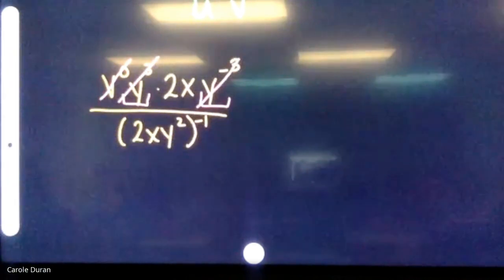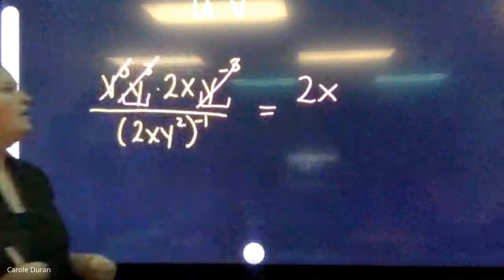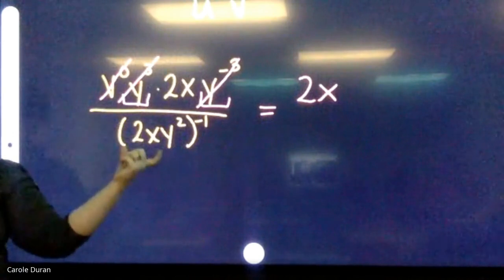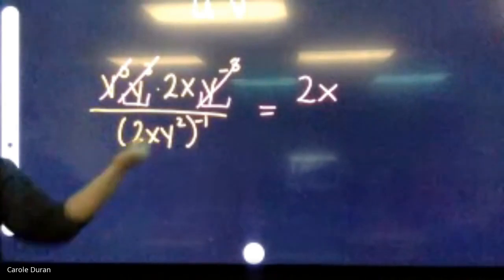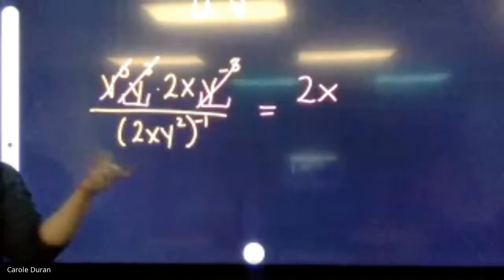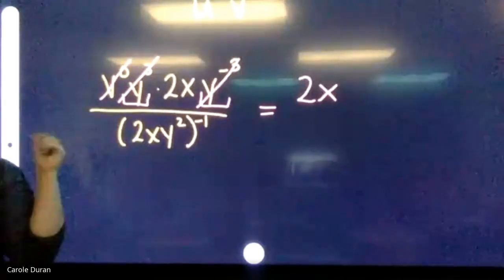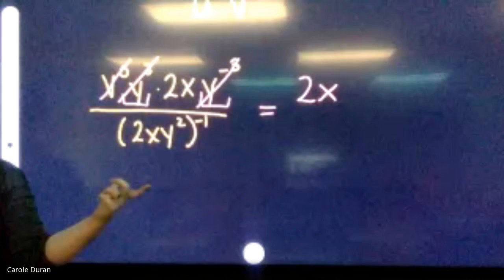And then the 2 can't combine with anything, and the x can't combine with anything, so those stay in my numerator. Then I look in my denominator. Is there anything inside of the parentheses that I can put together? No. But I do notice that my entire parentheses is being raised to what power? -1. So a negative exponent tells me this thing has to move.